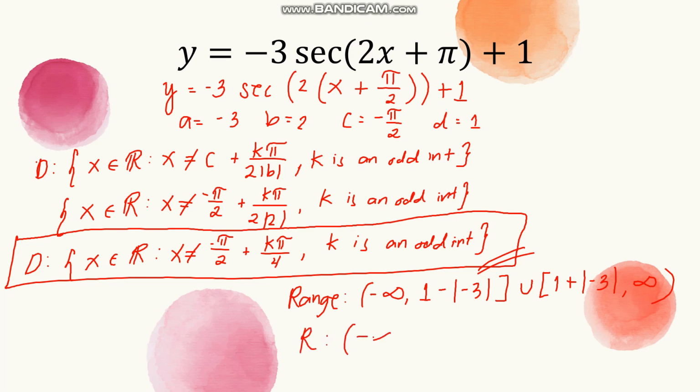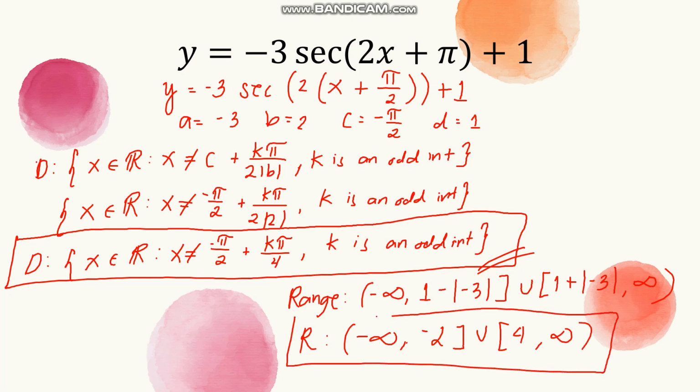We have negative infinity, and then 1 minus absolute value of negative 3, so that will be 1 minus 3 or negative 2, union with 1 plus 3 or 4, and then positive infinity. So this is now the range of the given function.